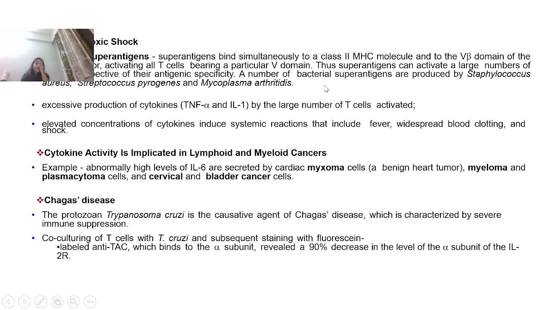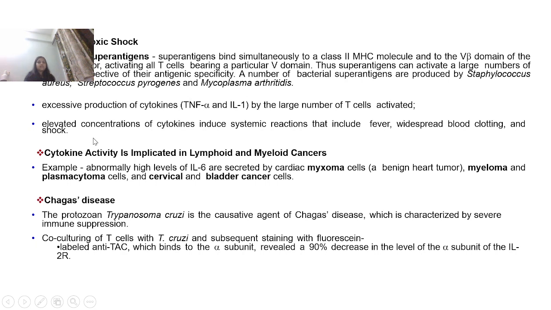A number of bacterial superantigens are produced by Staphylococcus aureus, Streptococcus pyogenes, and Mycoplasma arthritidis. There will be excess production of cytokines like TNF alpha and IL-1 during toxic shock, since they are activating a large number of T cells, so a large number of cytokines are produced.